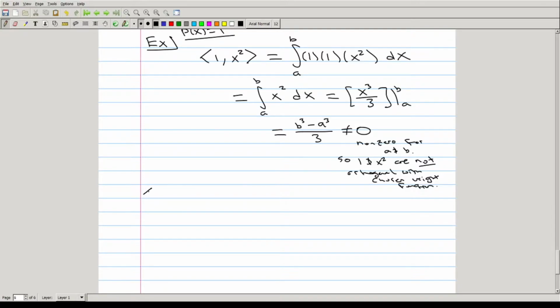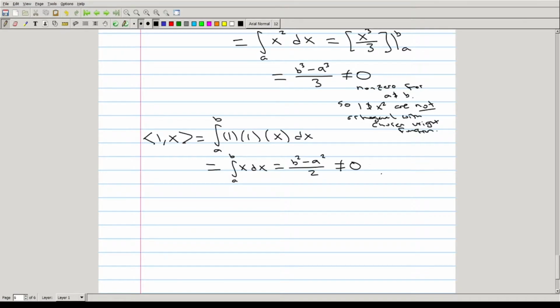If you instead look at the inner product, say, of 1 with x, you obtain the integral from a to b of the weight function times the function 1 times the function x, which is the integral from a to b of x, which is b squared minus a squared over 2, which is again non-zero, unless a is equal to negative b, in which case this is equal to 0.